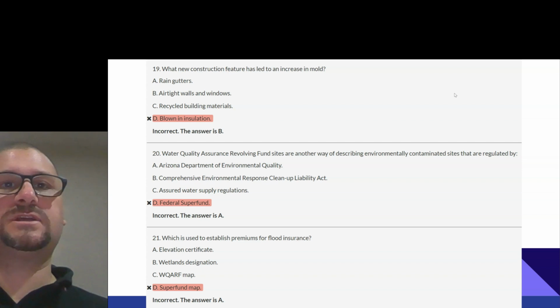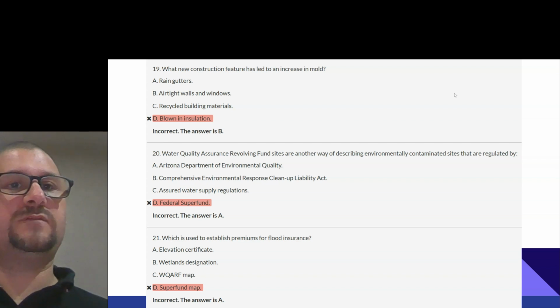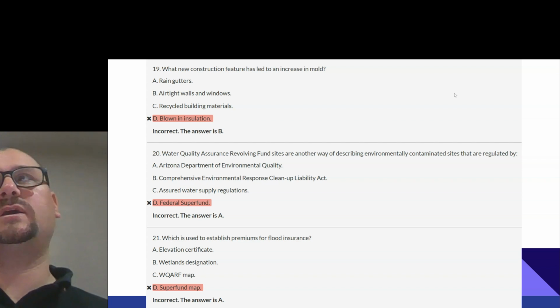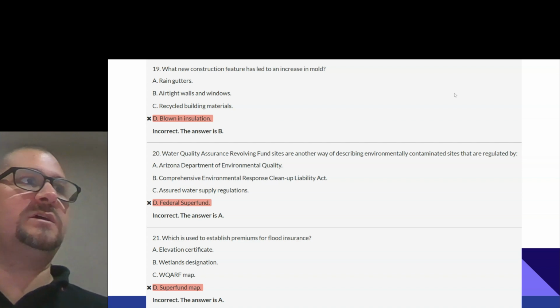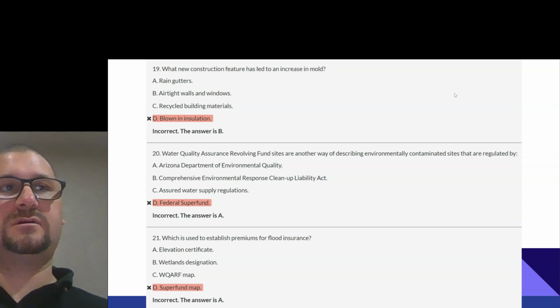What new construction feature has led to an increase in mold? This one's going to be Bravo. Airtight walls and windows. Why would airtight walls and windows lead to an increase in mold? Due to an increase in moisture in the air, right?